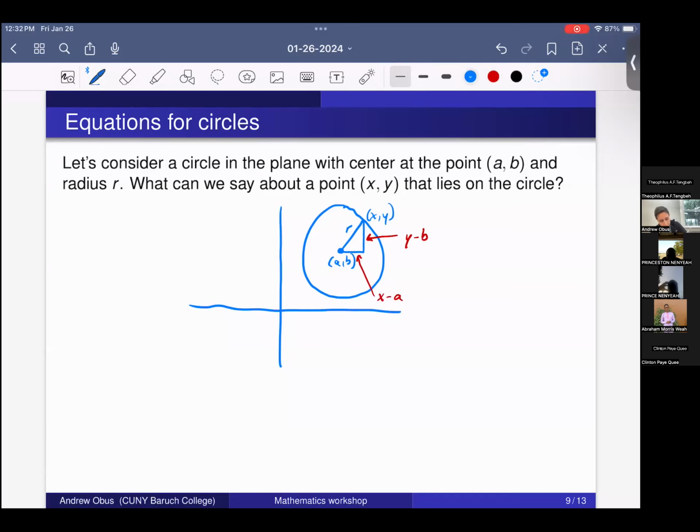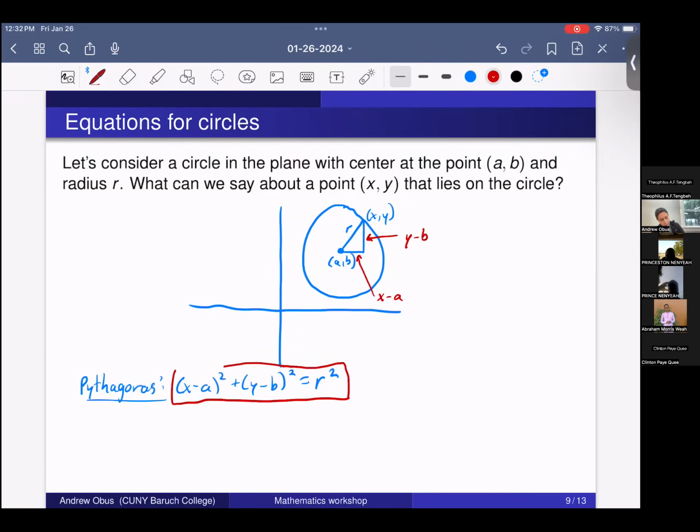And so by the Pythagorean theorem, by Pythagoras, we have that (x minus a) squared plus (y minus b) squared is equal to r squared. Okay? And this is what we call the equation of a circle.